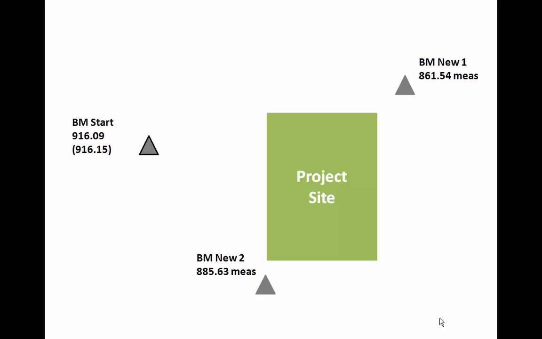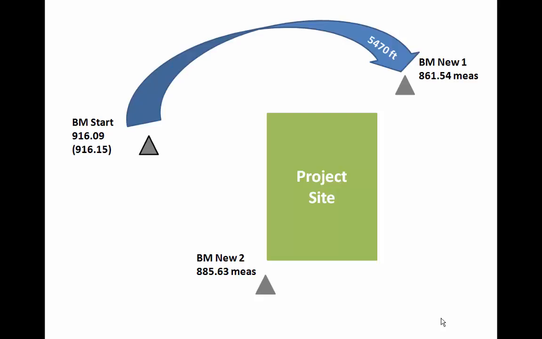We started and ended at benchmark start, and its known elevation is 916.15. Our computed elevation came in at 916.06. In this case, because of the length of the circuit, I can tell you that the allowable error exceeded the actual, so this error is acceptable.